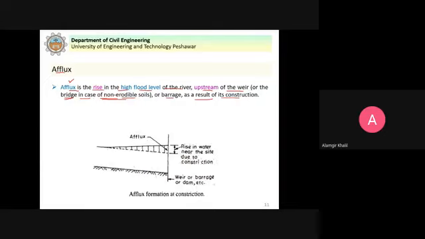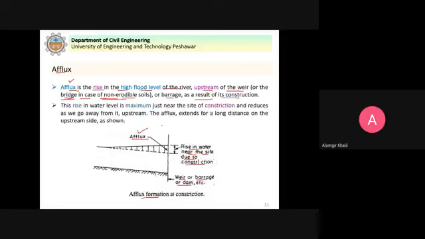You can see here afflux formation where a weir or barrage or dam, or even in the case of a bridge also, because we constrict the flow, this will result in rise of water level upstream. So rise in water near the site due to constriction.